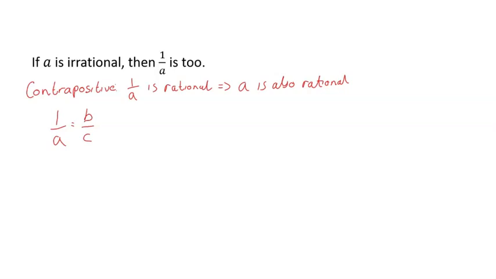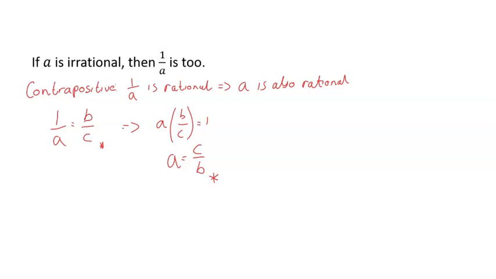So if 1 over a is a rational number, that's the format it's going to be. If I rearrange that, I end up getting a times b over c is equal to 1. So a is equal to c divided by b. Now remember we stated that b and c have no common factors.